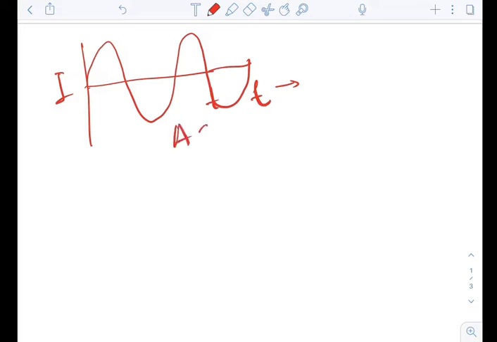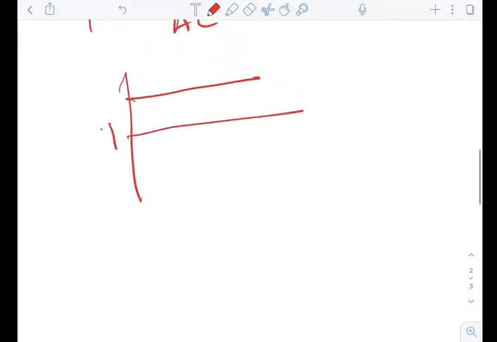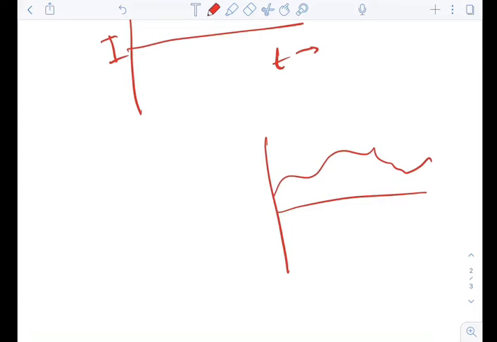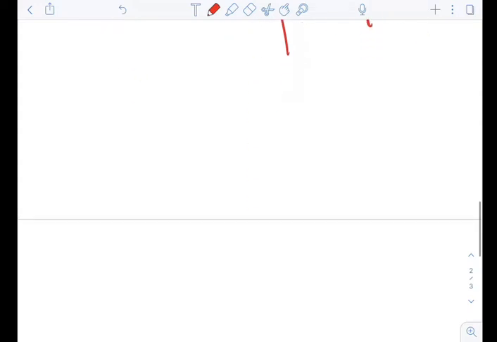This is AC. And on the same representation, a steady direct current is shown in this way. And if it is a variable direct current, then it is shown like this, but the polarity is not changing. So these are our different types of current.